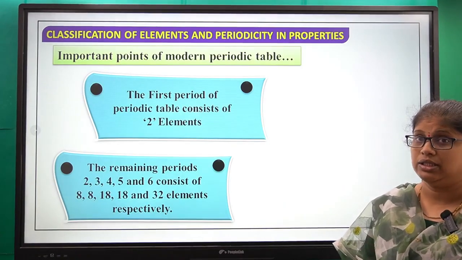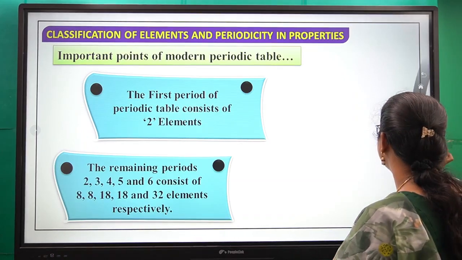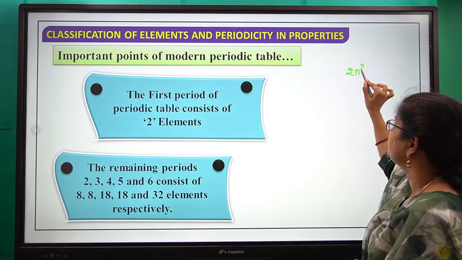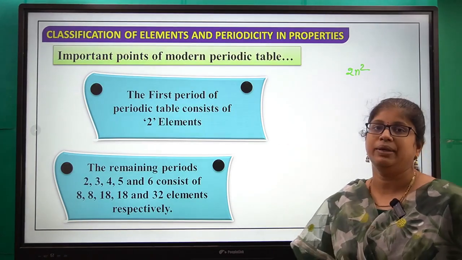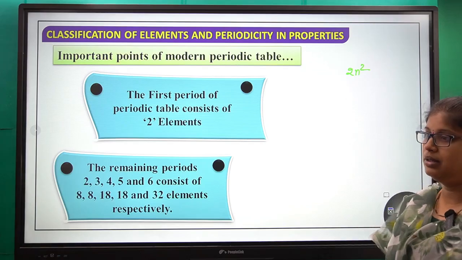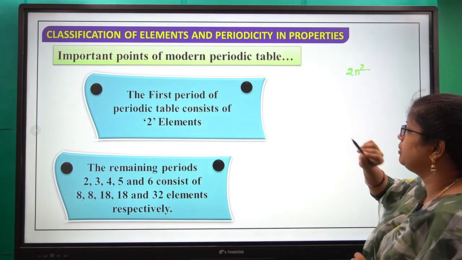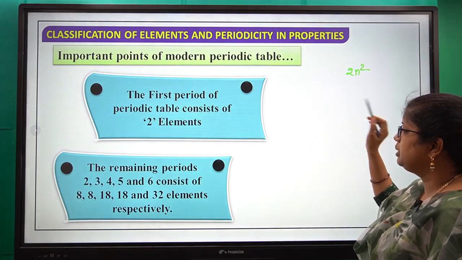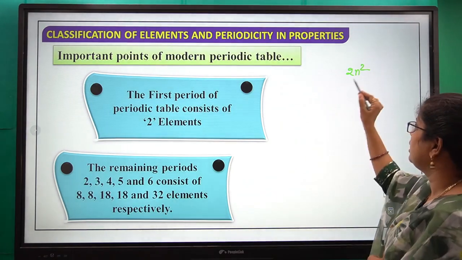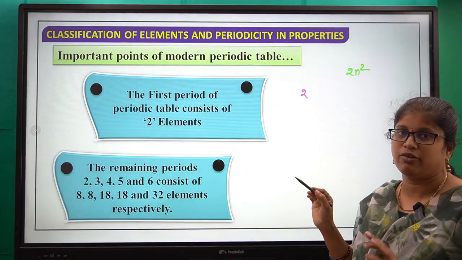Already we learned the maximum number of electrons in a shell is given by which formula? 2n square. So now we will check: the period number will be equal to the last principal quantum number. For example, take the second shell; the second period is equal to its last principal quantum number, right?